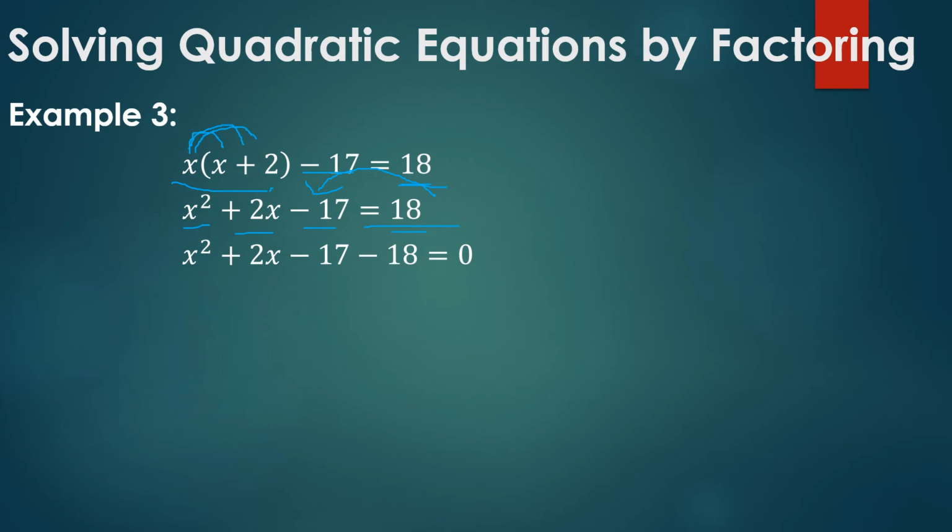So we have x squared plus 2x minus 17 minus 18 is equal to 0. Now, didiretso na ba tayo sa pag-factoring? Hindi pa. Because, as you can see, these are like terms. They are both constant. We have to combine them in order for us to be able to factor it.